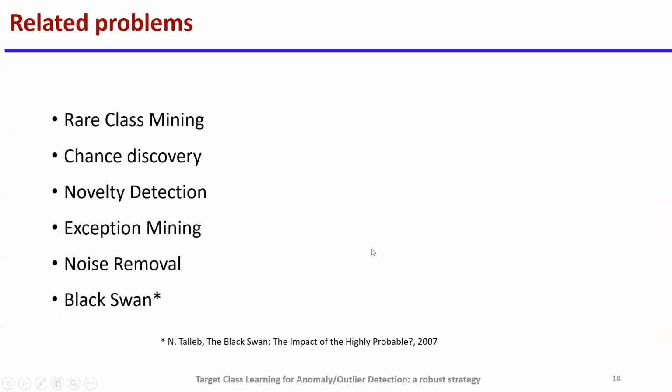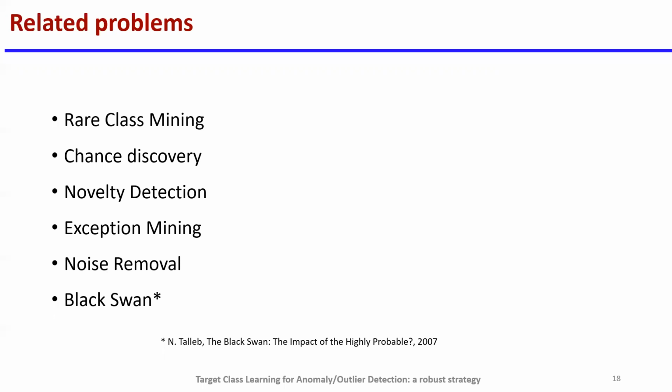So we have identified certain similar keywords which are related to anomaly detection. We call it rare class mining, chance discovery, novelty detection, exception mining, noise removal, and black swan. Black swan means usually we feel that swans are most of the time normally white in color.